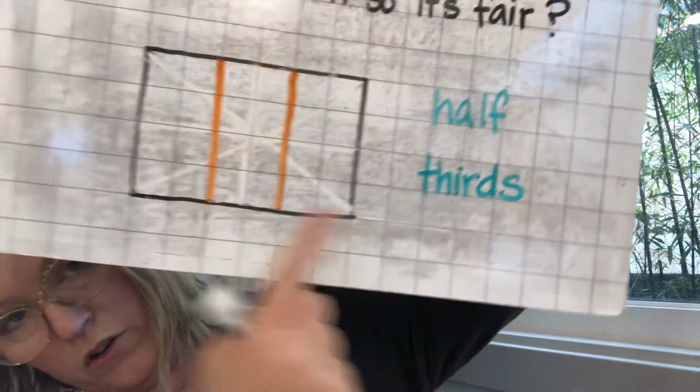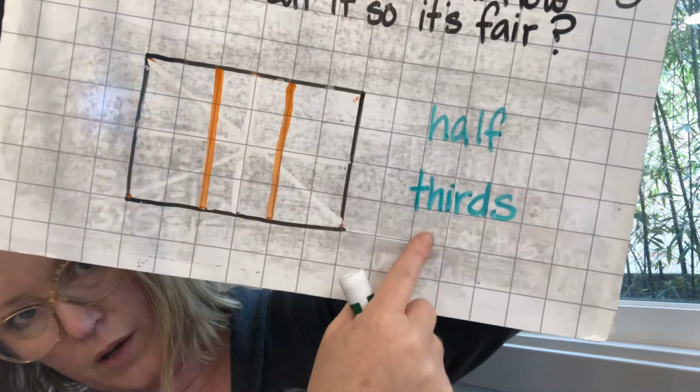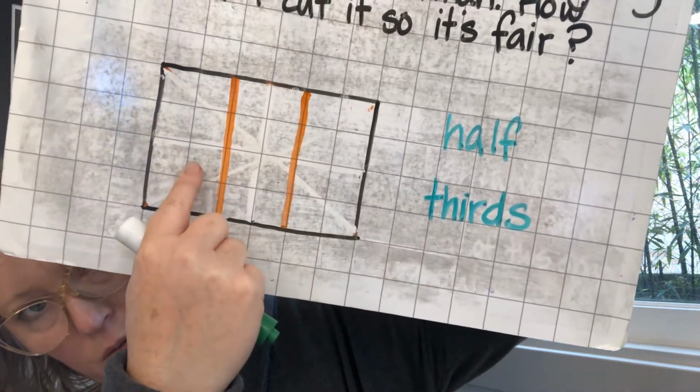When you divide something into 3 parts, we call it thirds. What do you call it when you divide something into 4 parts? Do you know it? It's called fourths.